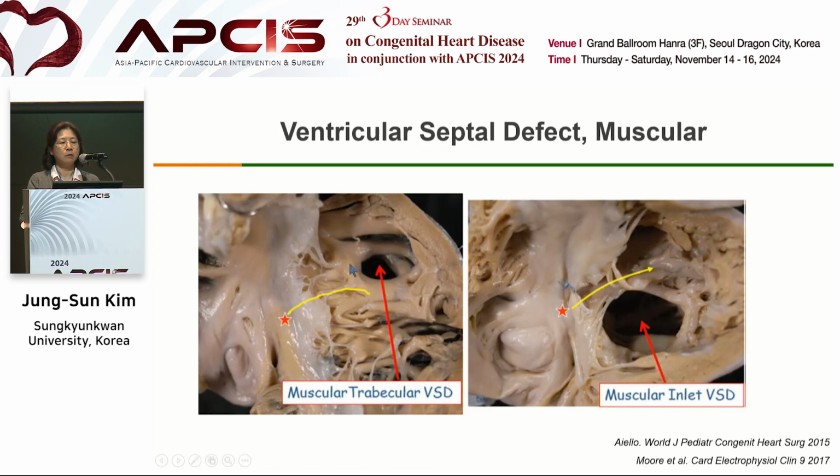Here, in the muscular trabecular VSD cases, the atrioventricular bundle is located posteroinferiorly. However, in muscular inlet VSD, the atrioventricular bundle is located anterocephalad relative to the ventricular septal defect. In contrast to the VSD-PM type, the bundle is relatively far away from the defect border.